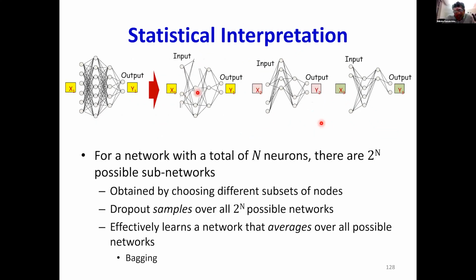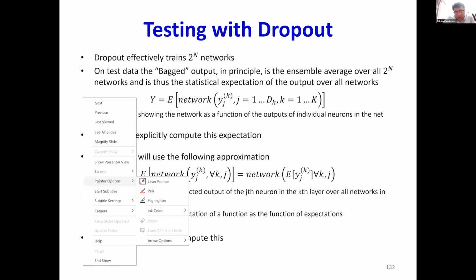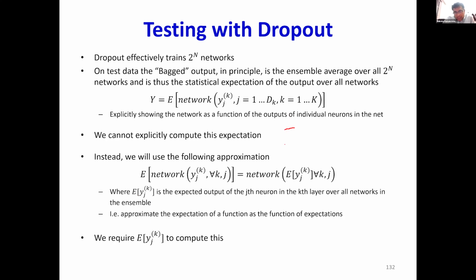It turns out that taking this expectation over all of the networks is a really, really complicated thing. And then here we use an approximation. So I'm taking an expectation over a function of neuron 1, neuron 2, and so on, correct?